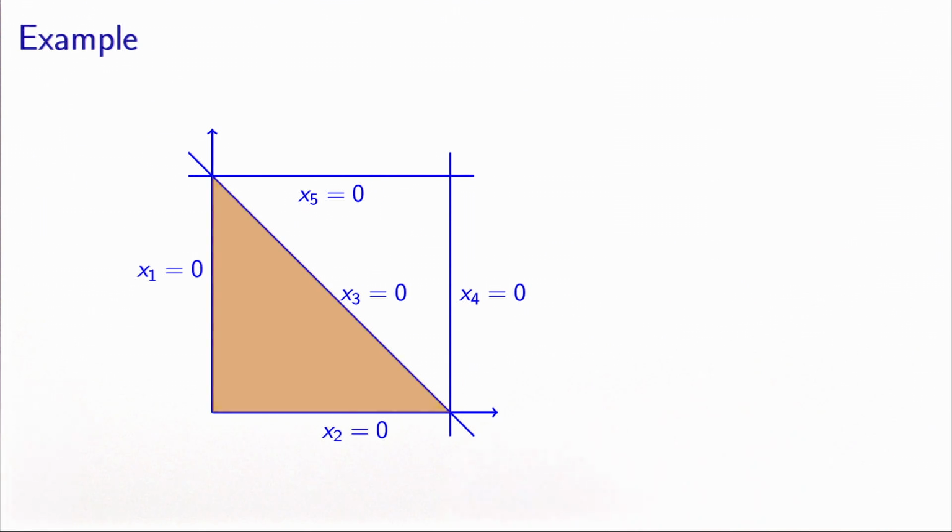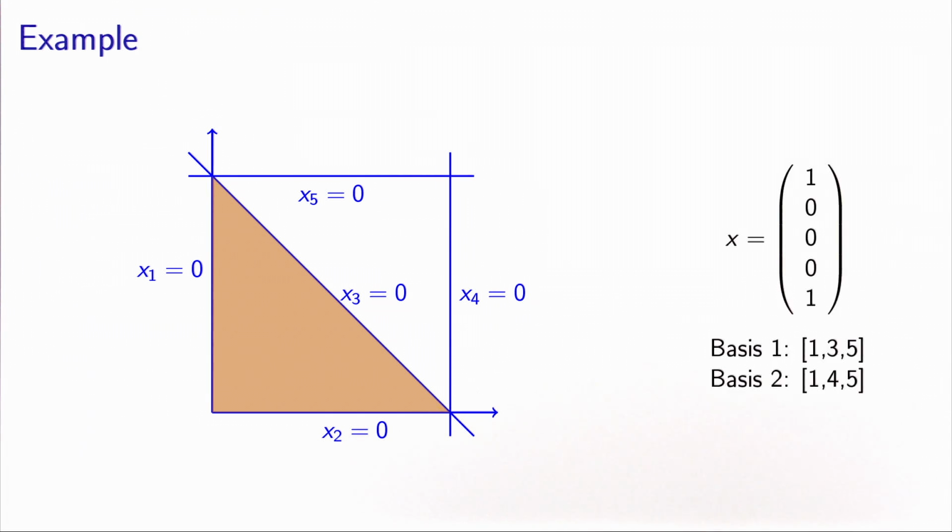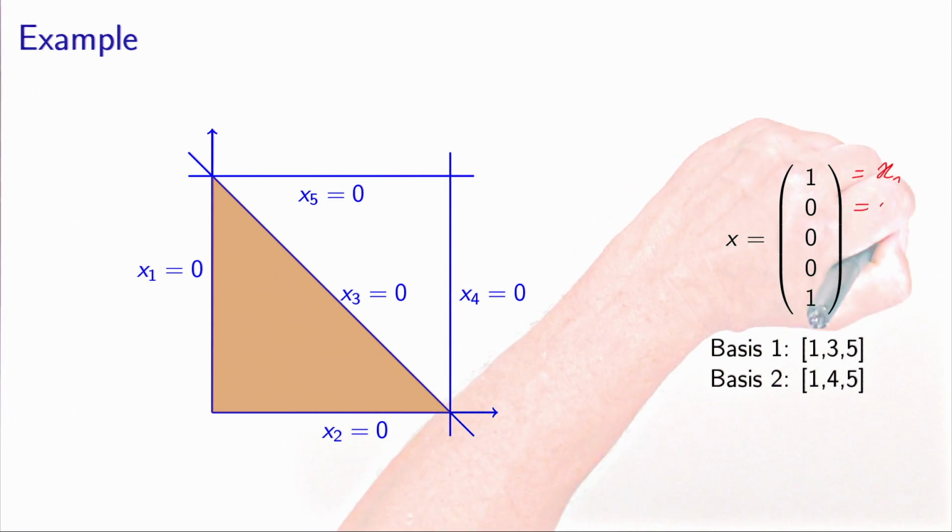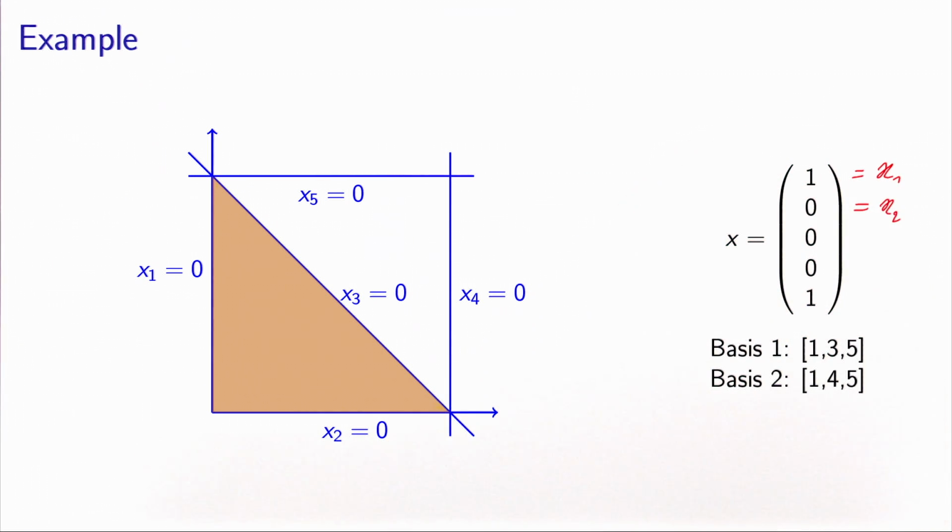And the intersection of all these constraints is this triangle. This is the polyhedron that you are looking at. Now the solution that we have calculated using the two bases is 1, 0, 0, 0, 1. If we want to represent it on the picture, well, we have x1 equals 1 and x2 equals 0.